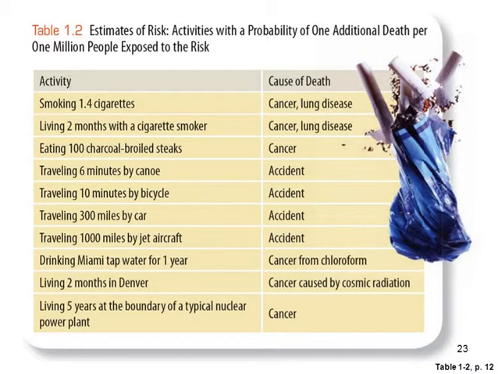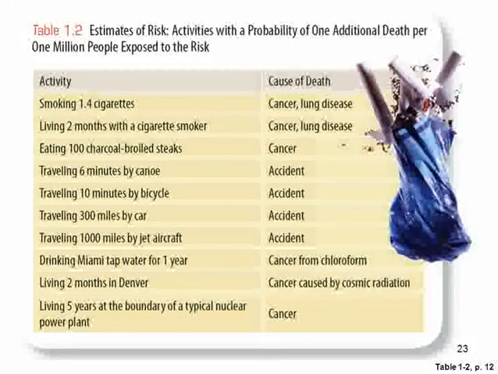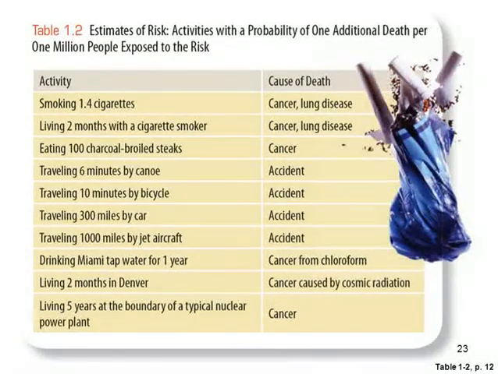This table shows you different activities that, if followed through on a regular basis, will deduct 1 life per million. In other words, a person smoking 1.4 cigarettes every day will increase the risk of dying by 1 in a million. You see the list. Many things are accidental.